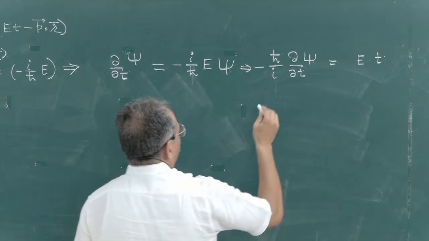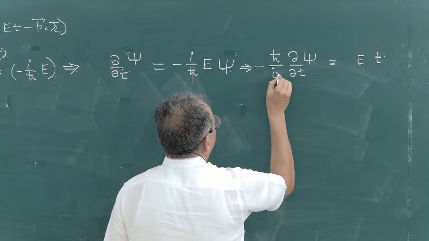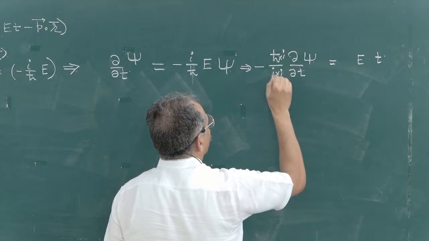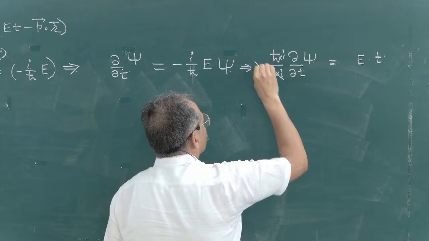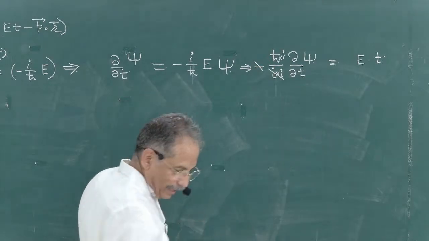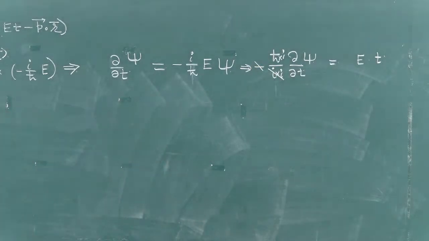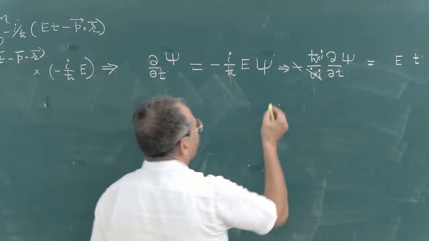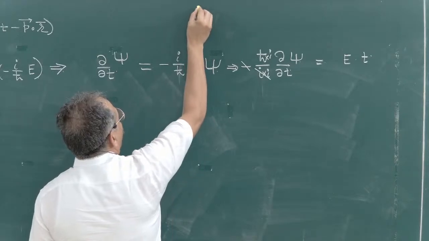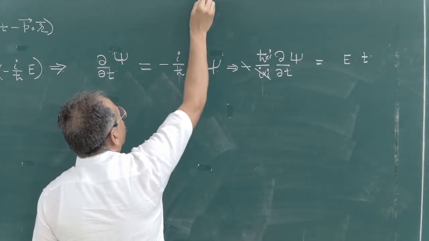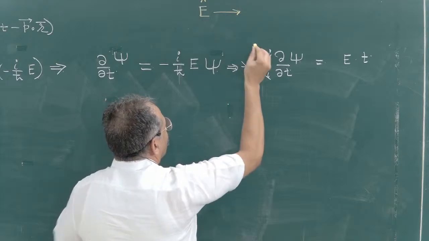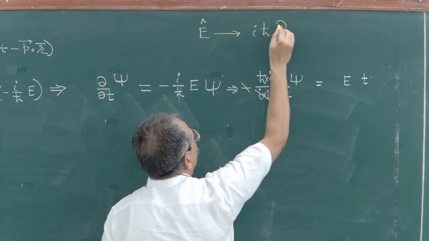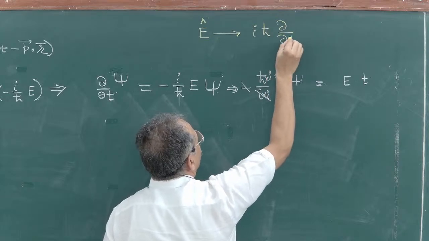Now further we can multiply denominator by i and numerator by i, and i square will be minus 1, so this will be cancelled. So finally we have what we call energy operator. I am going to denote energy operator E cap as i into h cross into partial derivative with respect to t.